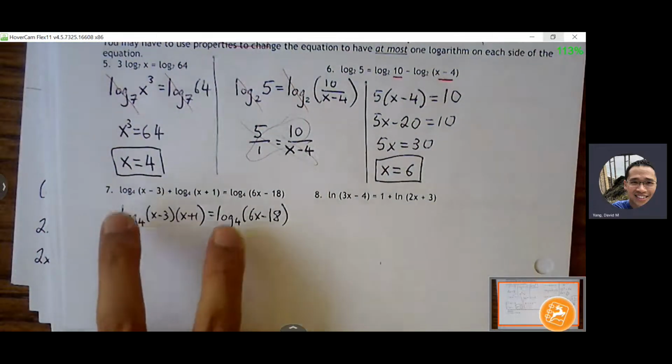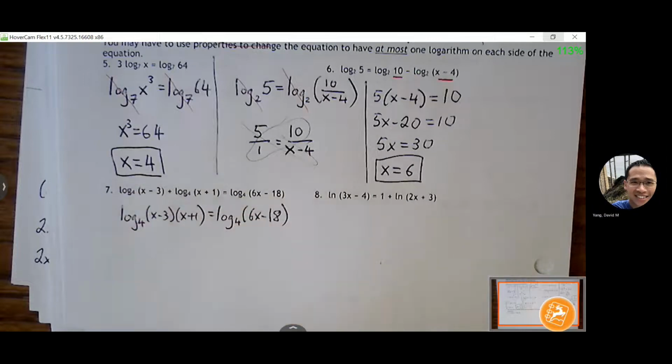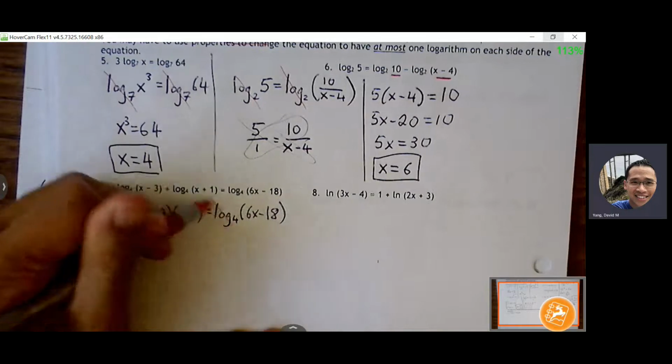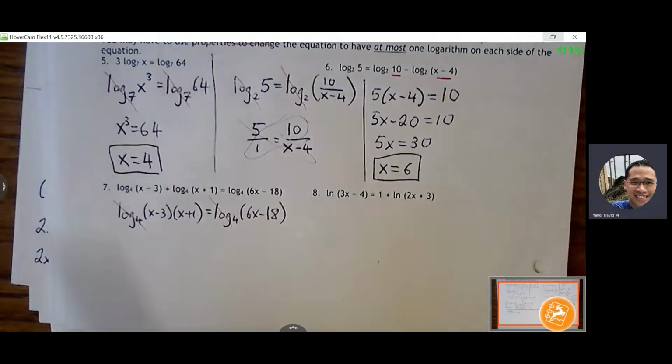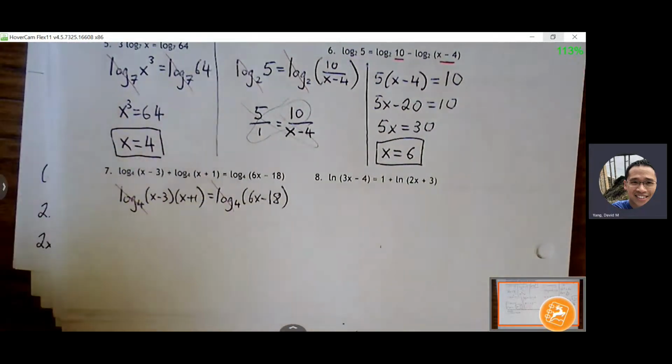Log base 4, log base 4. I can take this out and FOIL everything out and see if I can find a way to solve for x.